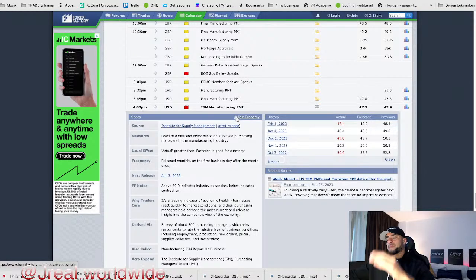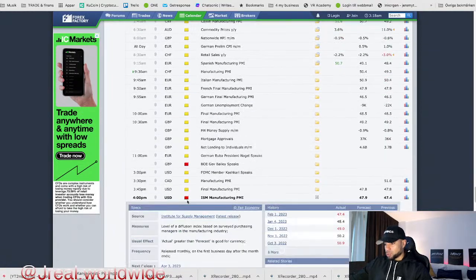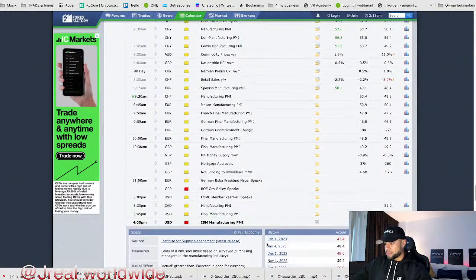Because what happens is that people pull the money from stocks, and it's not even people; it's mostly institutions actually, that pull the money from the stock market into the currency and keep the money in the US dollar, because the US dollar is pumping, so they're making more profits on keeping it in US dollars. When they see the US dollar dropping, they're pulling it out, pushing it into the stock markets. That's why you see the stock markets pump when the US dollar drops. That's how it works. And anyway, so that is 4 p.m. We'll keep that in mind.